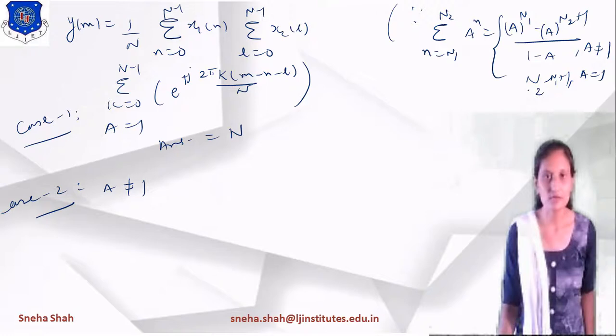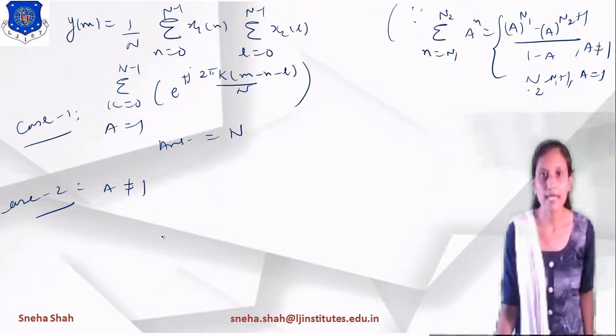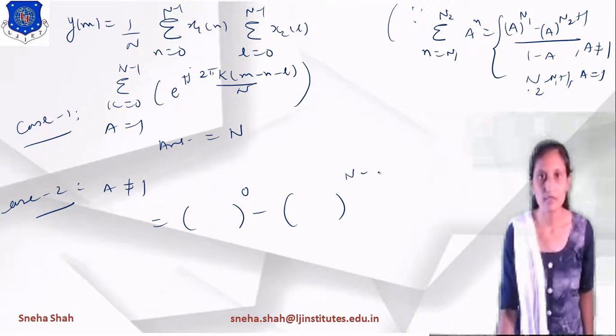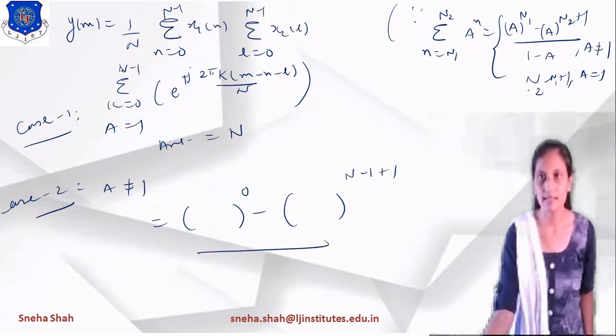So if I am applying this rule, what will be the answer of this summation? The answer equals a raised to the lower range, meaning 0, minus a raised to the upper range, meaning N minus 1 plus 1, because n2 equals N minus 1 and this one is plus 1, divided by 1 minus a.